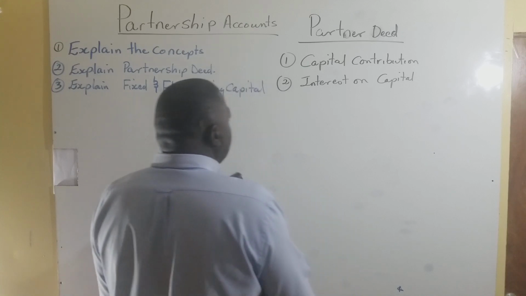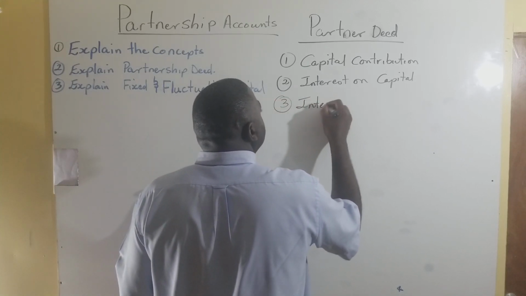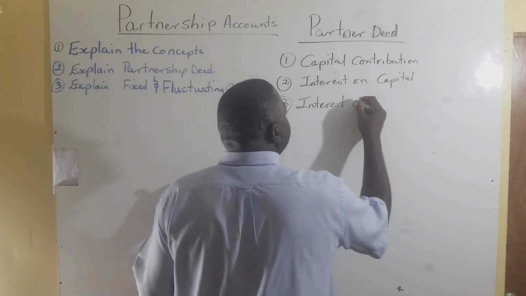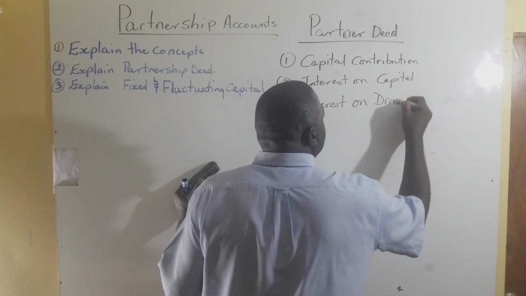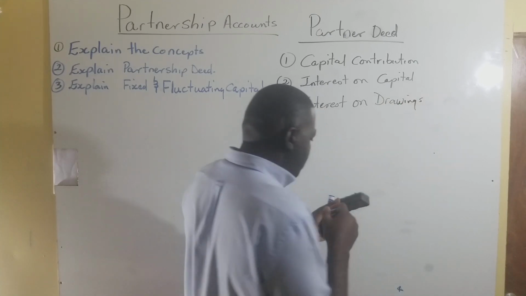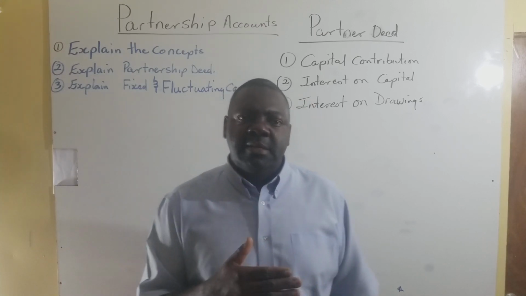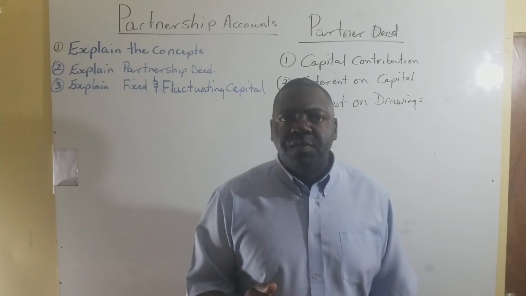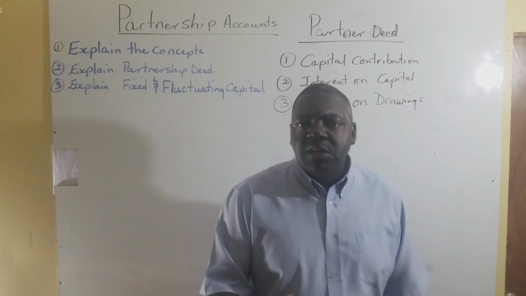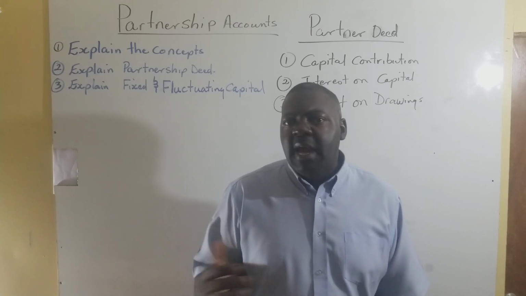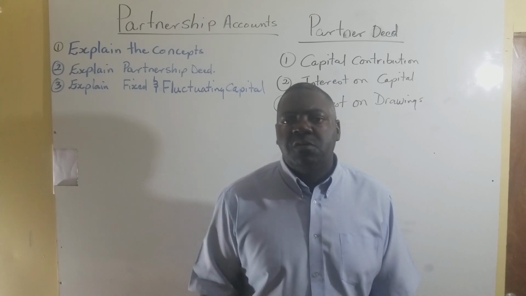Thirdly, we have what is called interest on drawings. So the partners must decide on interest on drawings, right? Now, we had established in a previous lesson that drawings is really where the owner takes out of the business any asset or cash for their personal or private use.